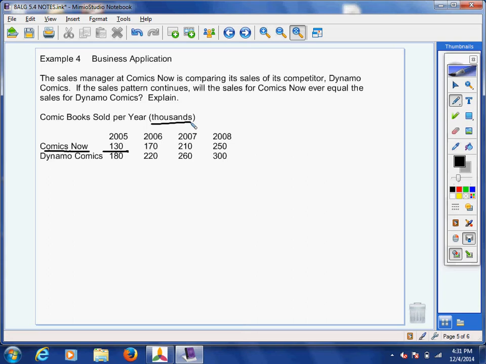In order to figure out if the sales will ever equal, when they ask you questions like that, will they ever equal, they're asking you, do these lines intersect? The point of intersection would be the point where they are equal.